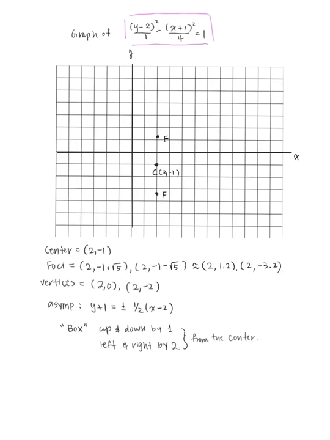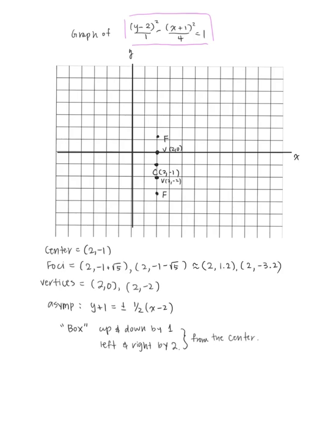Now vertices is at 2 comma 0. And then, where's the other one? 2 comma negative 2. All right, now let me draw that box. So where was the center?